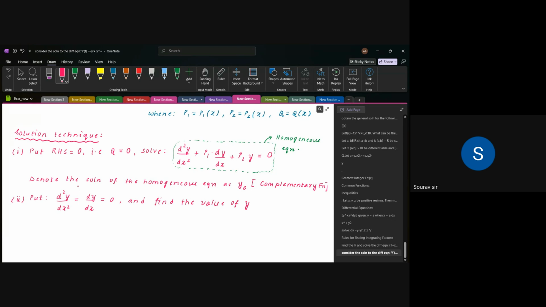This value of y that you will find is known as the particular solution, which is denoted by y subscript p.